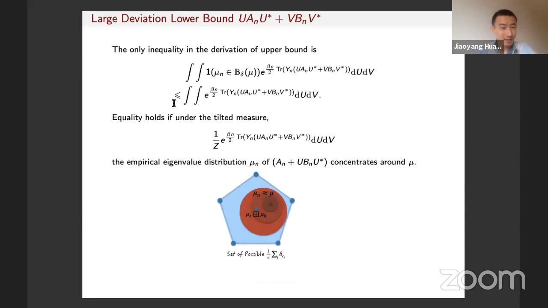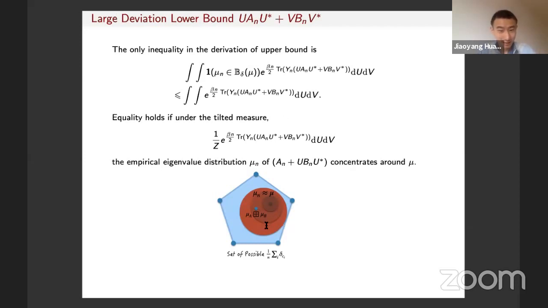So equality will hold if, under this tilted measure, tilted by the trace of Y_n(U A_n U*) plus V B_n V*, the empirical eigenvalue distribution μ_n of this sum concentrates around this μ. Then when you replace this integral by the whole integral, you may lose some multiplicative constant factor, but after taking log and normalizing by 1 over βn², the error goes to 0. So you get the matched lower bound.